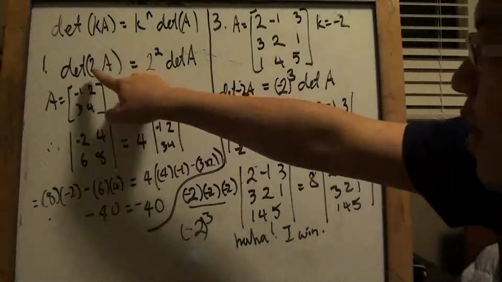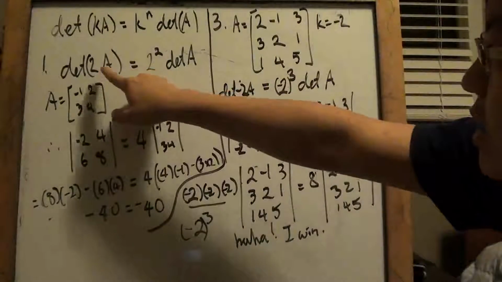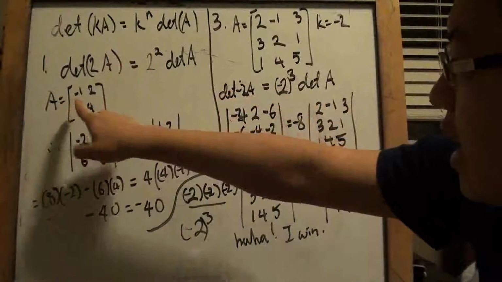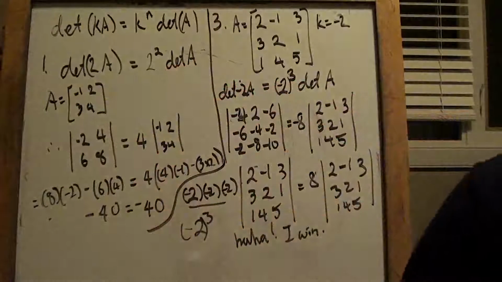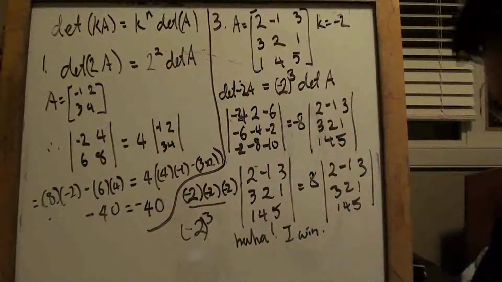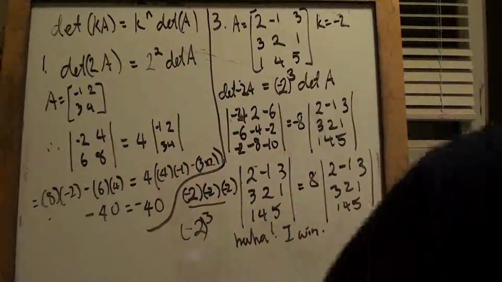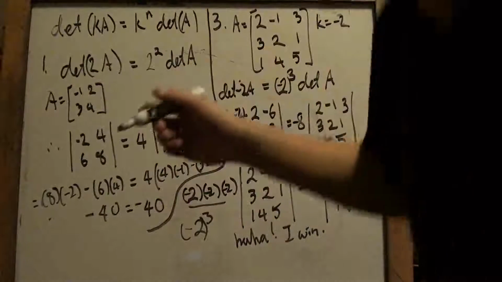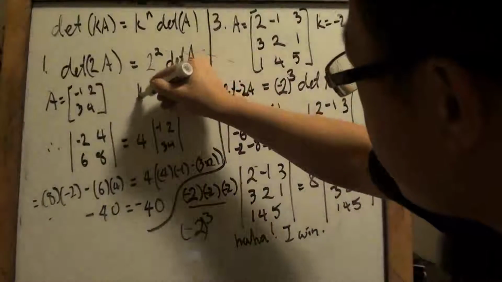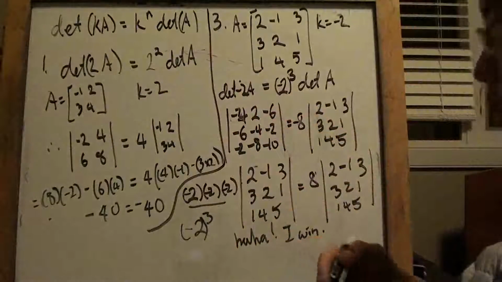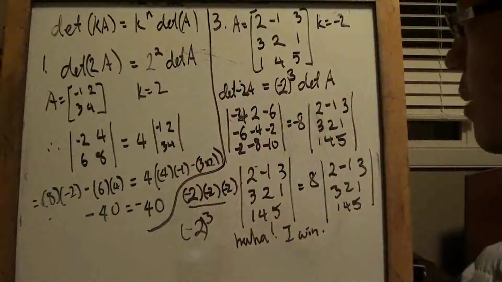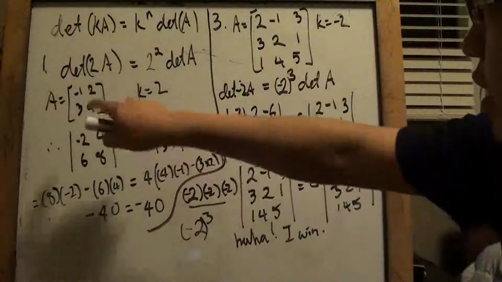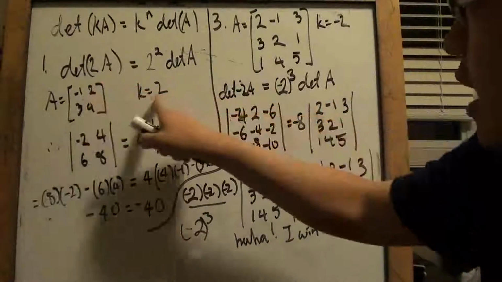So the first question is a matrix like this, and I haven't had a chance to write it down, but k equals 2 for this particular case. All you have to do is just sub it in. So here, a times 2.